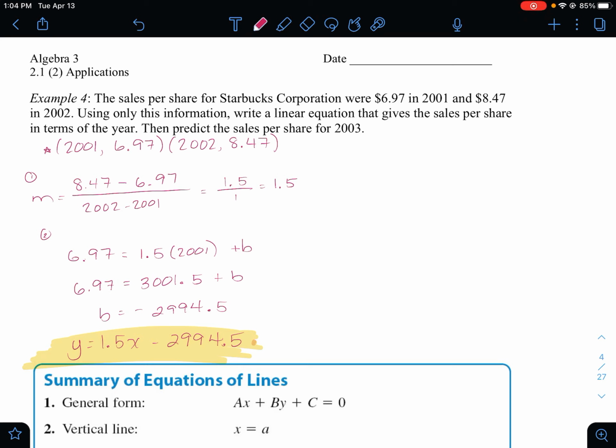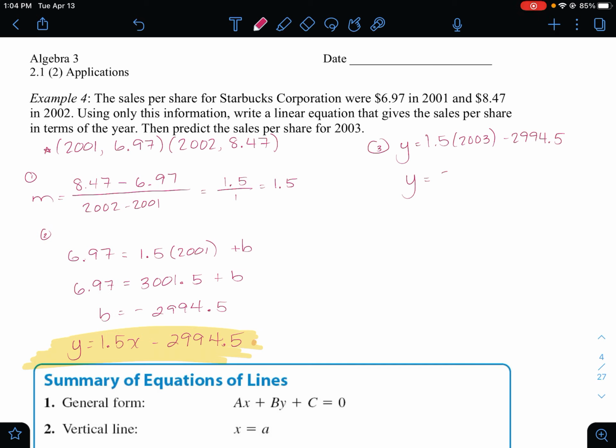All right, but we're not done because they asked for something else. It says then predict the sales per share for 2003. So x represents our year. So all I have to do is substitute that into my equation now. So I'm going to get y equals 1.5 times 2003 minus 2994.5.